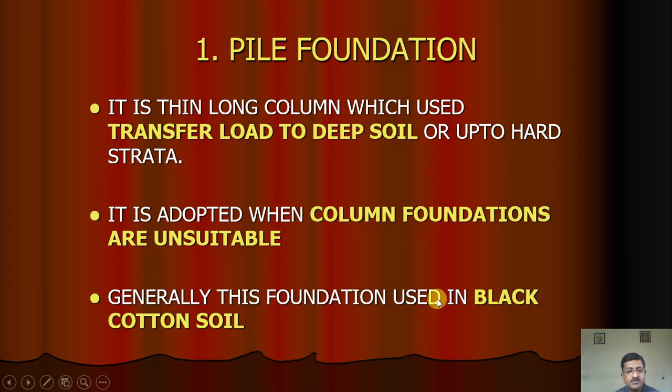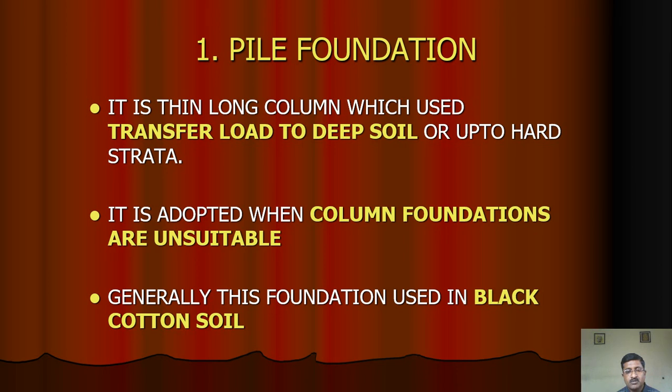Generally, this foundation is used in black cotton soil. As we know, black cotton soil has the property that when it comes in contact with water, its volume increases or it swells.